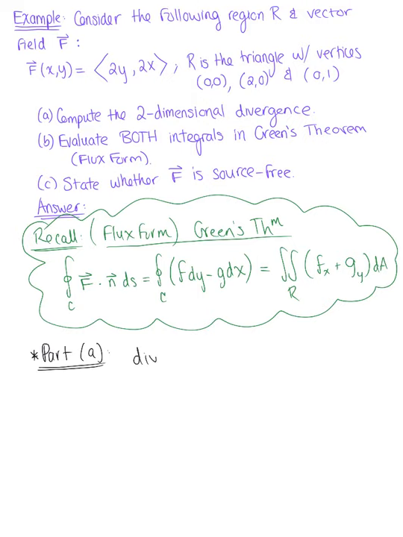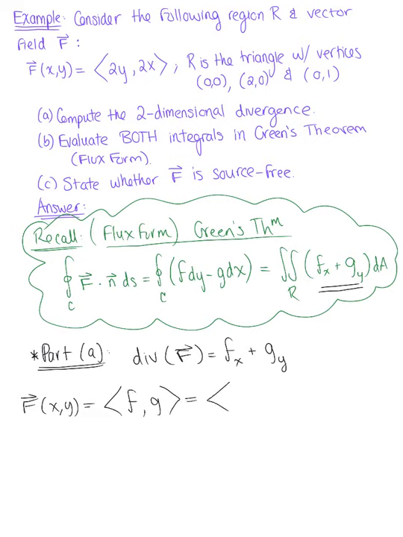So we are looking for the divergence of our vector field F, which again is the integrand of the double integral. So that's the partial derivative of f with respect to x plus the partial derivative of g with respect to y. And here we are given the vector field F of x, y. We can think of these components, this is f and g.